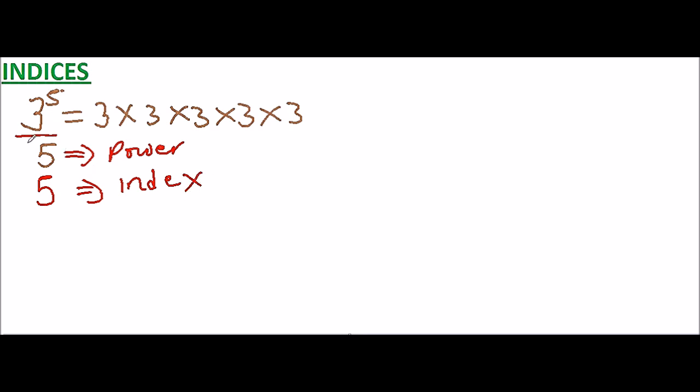Here we can read 3 to power 5, which is the same as 3 index 5. When we have 2 or 3 indexes, that is in plural, we refer to them as indices. So indices is the plural of index.